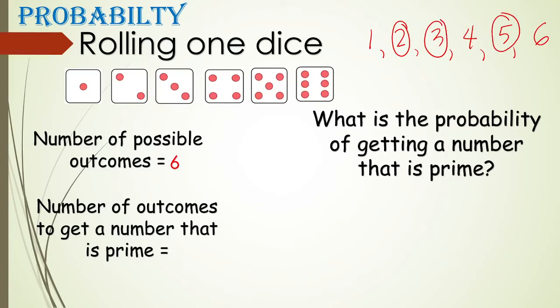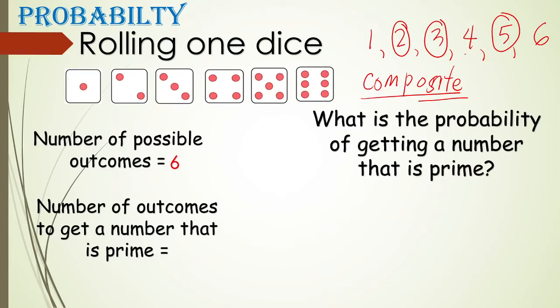So when I say prime, the only factors of a prime number are the number itself and the number 1. That's what you call prime. The opposite of prime is what you call composite numbers. When I say composite numbers, it means that other than the number itself and 1, there are other factors.